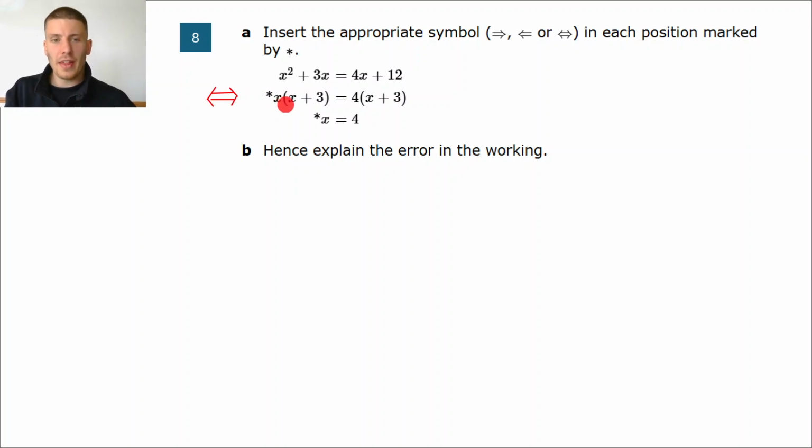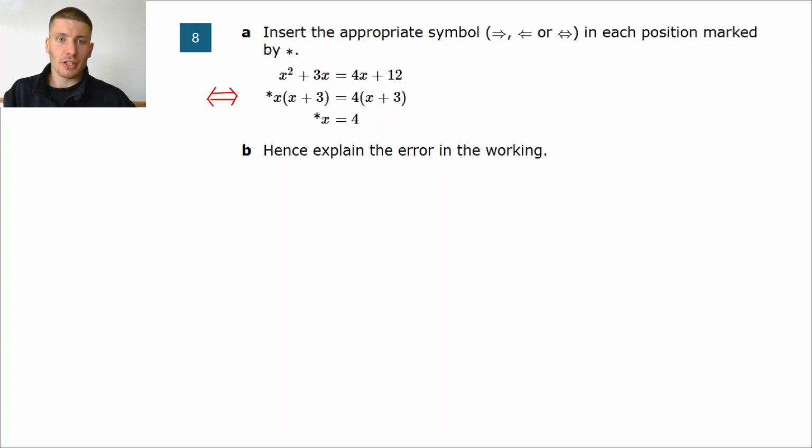Then this thing here, you can see you've got x plus 3 on both sides. You can see what they've done here. x is equal to 4. That is one of the solutions to this equation. If x is equal to 4, then this makes sense. That's one solution. But you are missing out on a solution, which is x being equal to negative 3 also.